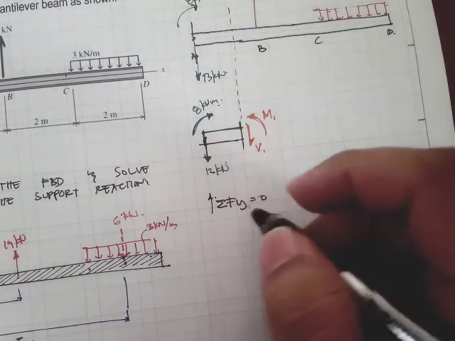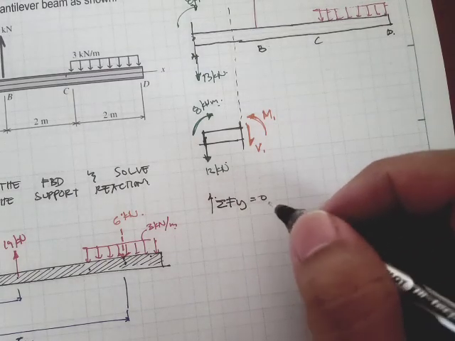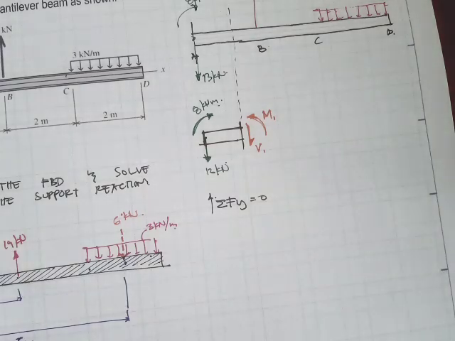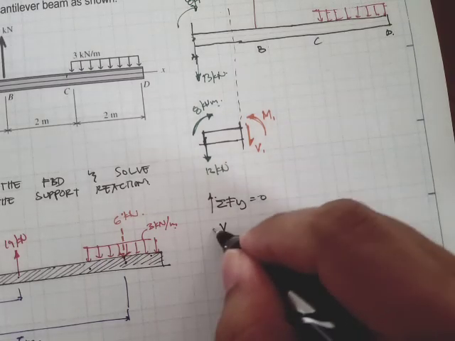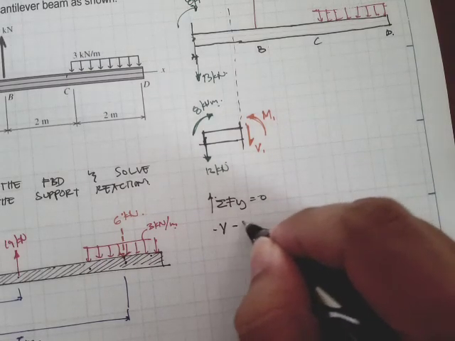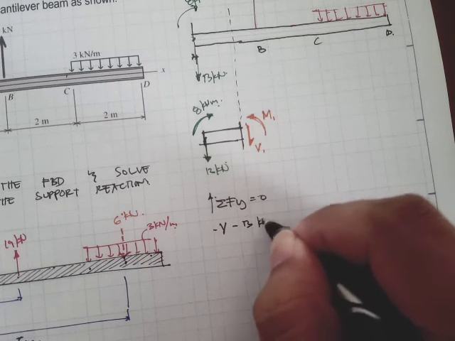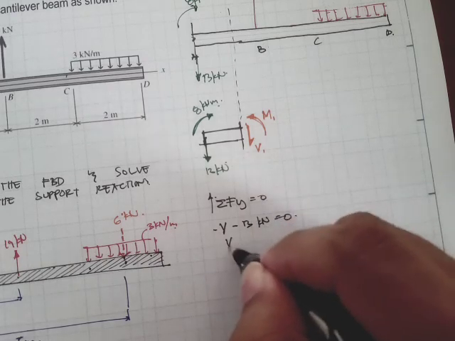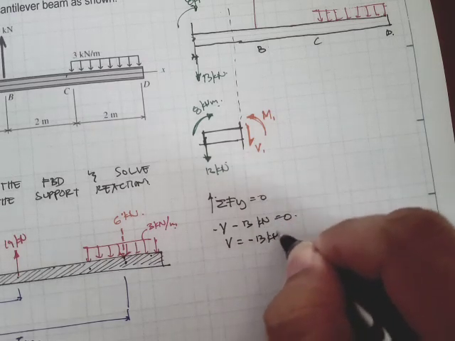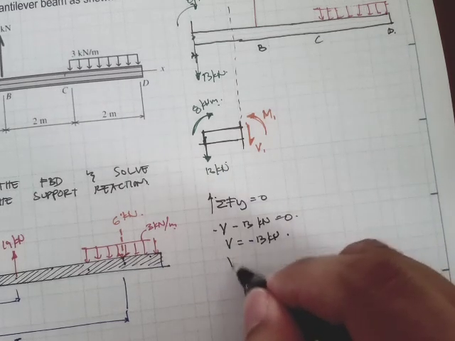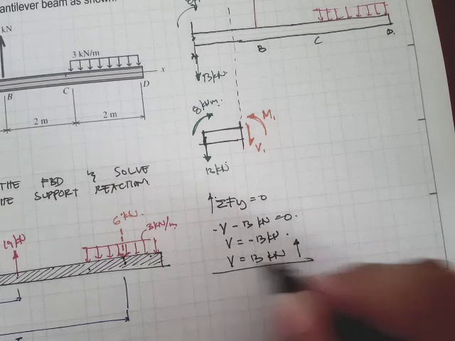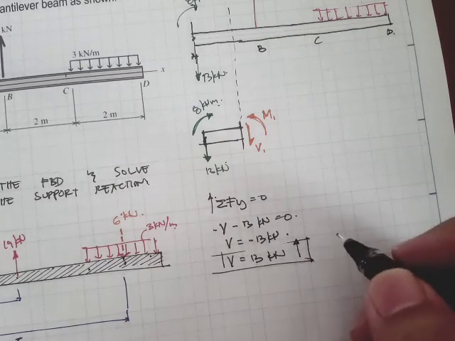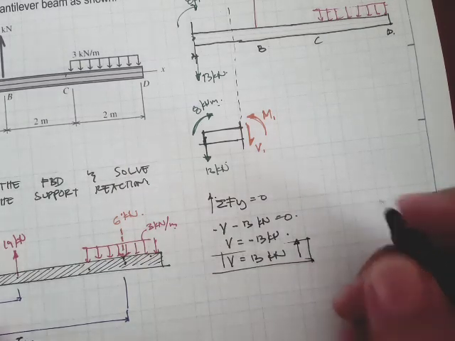So negative V minus 13 kilonewtons is equal to 0. So we have V is equal to negative 13 kilonewtons. Therefore V is 13 kilonewtons and should be in the upward direction, right? So that's positive.